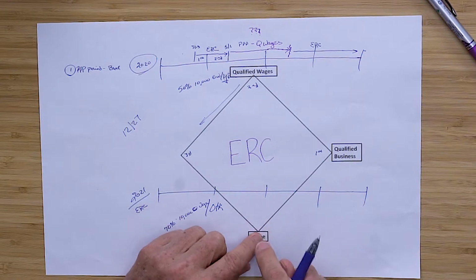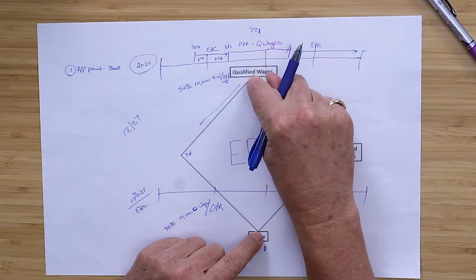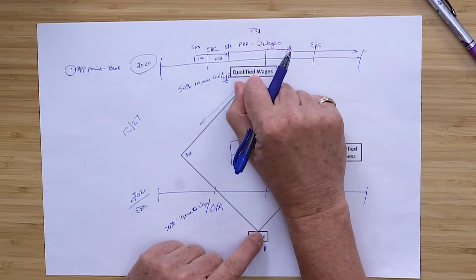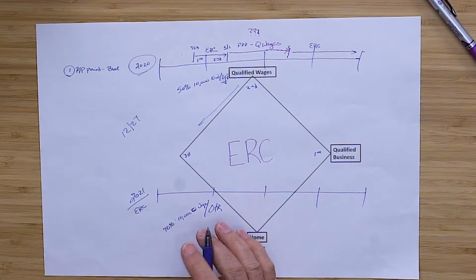So remember, each quarter we have to start at home and see if we're still a qualified business. If we're a qualified business, then we go to second base and look for qualified wages. For right now, we're not going to talk about quarters qualifying, but I'm going to show you how to calculate qualified wages in each quarter. In 2020, we had what I call ERC 1.